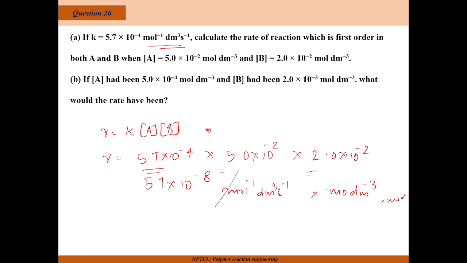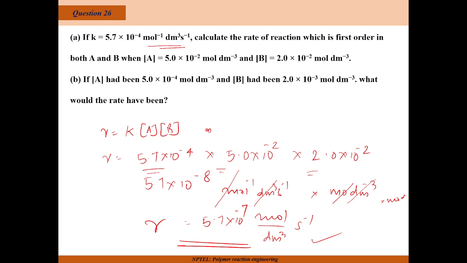So basically we can cancel one mole and one decimeter cube. So basically it is mole by decimeter cube second inverse, and the answer is 5.7 into 10 to the power minus 7. That is the answer. Generally we will write it like 5.7, keeping the exponent adjusted.